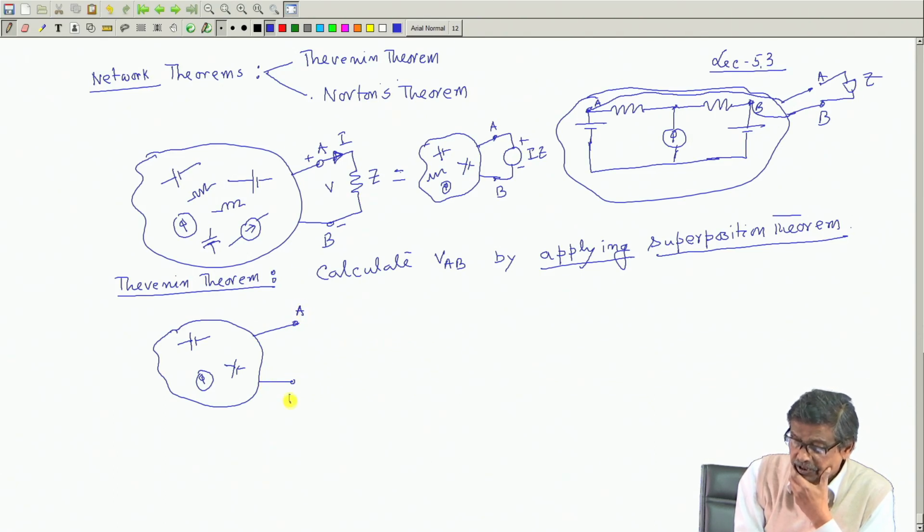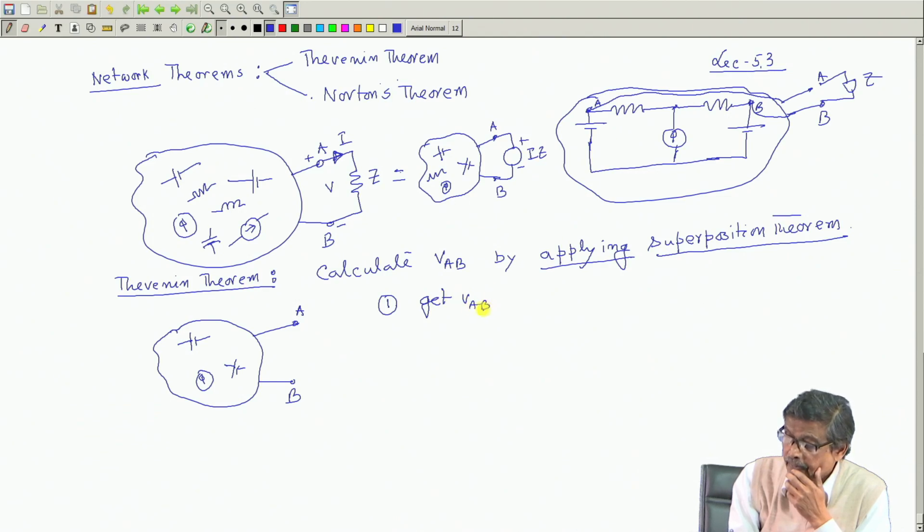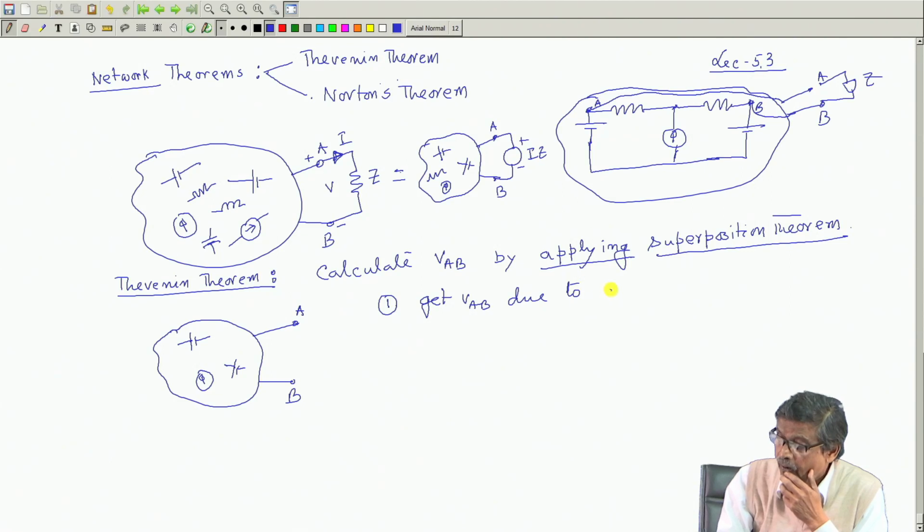I will calculate VAB when all internal sources are present, applying superposition theorem. Step 1, get VAB due to all internal sources of the network.